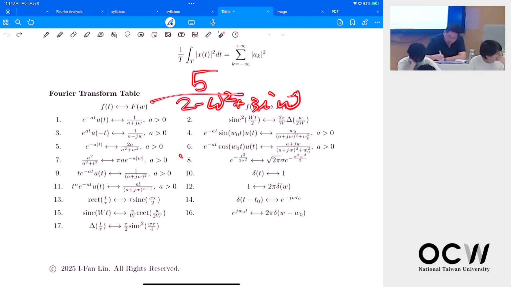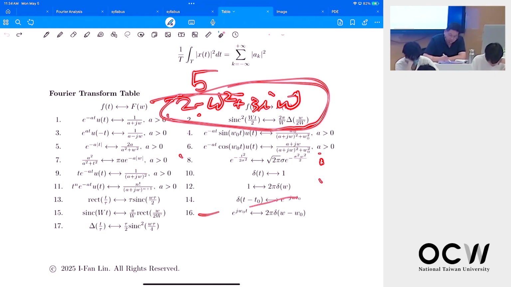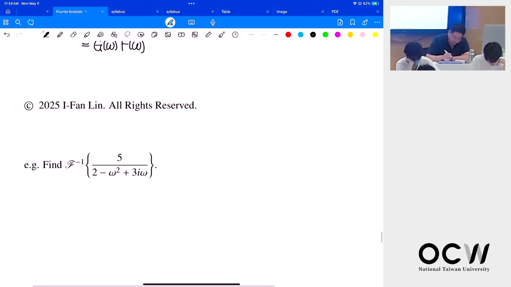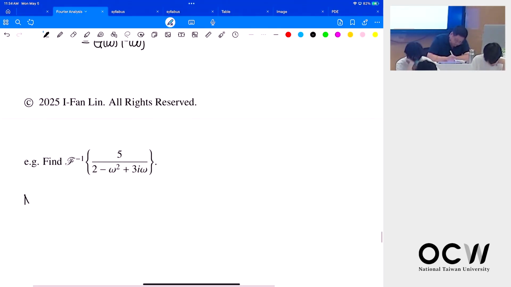Looks like we don't have this. I think we need to manipulate the denominator first. So what is 2 minus omega squared plus 3i omega?